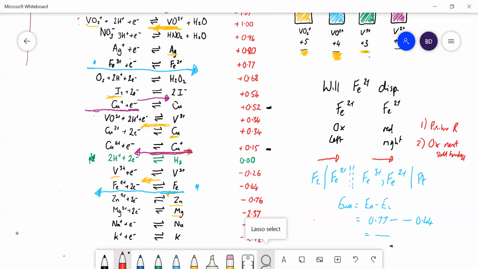So that tells you Fe will turn to Fe2 plus, and Fe3 plus will also turn to Fe2 plus. You're just checking that your predictions were right. Okay, so hopefully now you are pretty good at using this electrochemical series to predict which way a reaction is going to go.